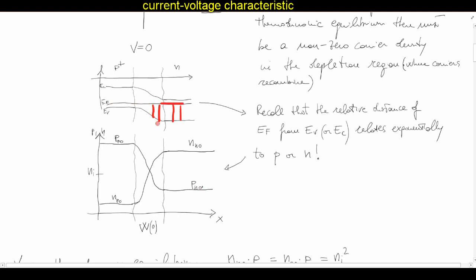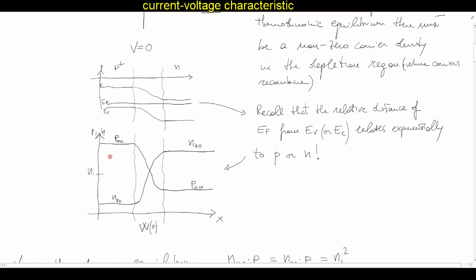So the semiconductor is slowly changing from P into N. If I wanted to plot the carrier densities, I would plot both the P and N carrier densities together. We'll try to use different colors.